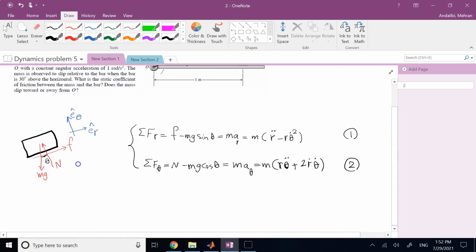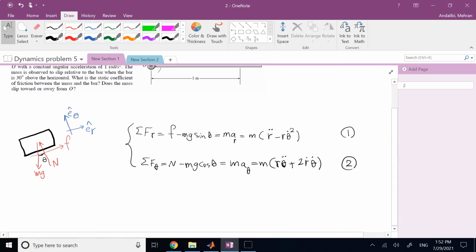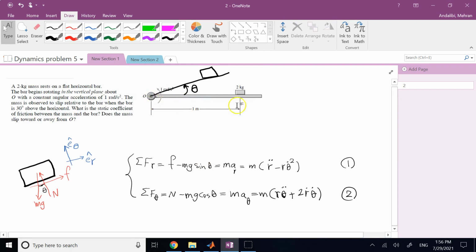Now with these, let's see if we can solve the problem for part A, which is asking for mu s. Okay, so when the angle is 30 degrees, or just marginally less than 30 degrees, the object has not slid yet. So it has kept the radial distance of r equal 1.